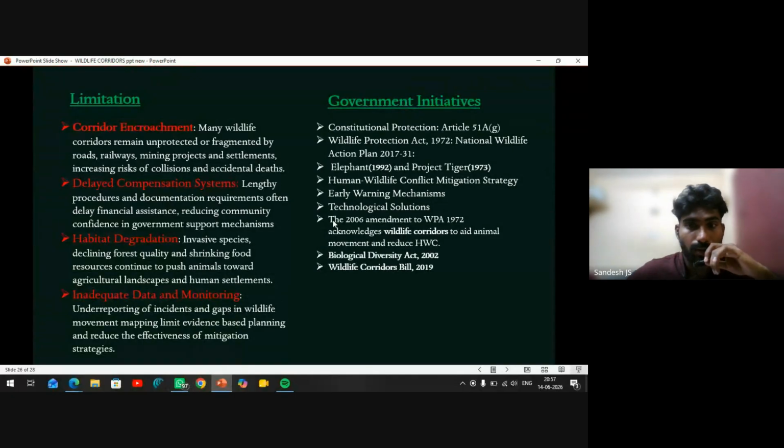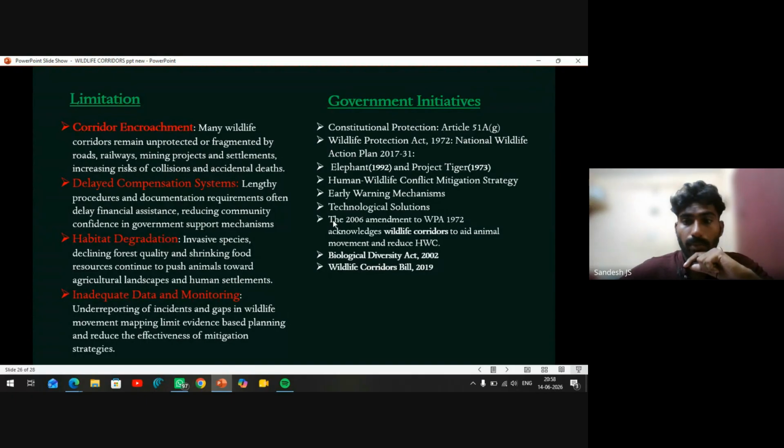Technological solutions like GIS and satellite imagery can be used to track the animals' movements, and also radio collaring to correctly note their behavior and movement in human settlement areas.